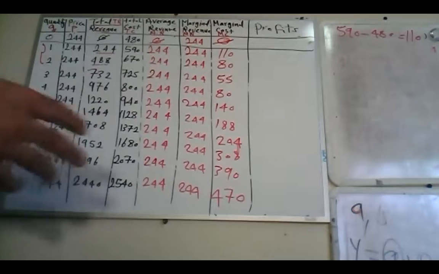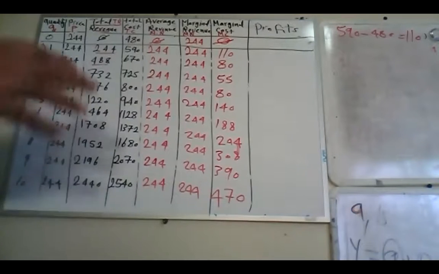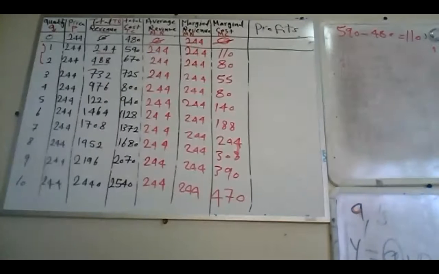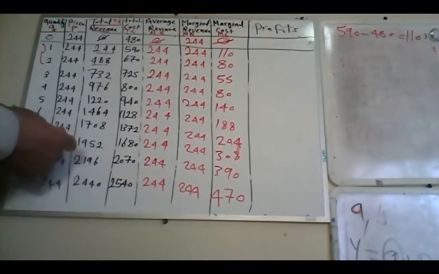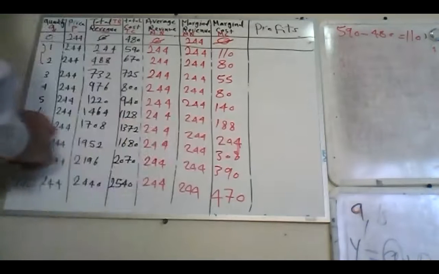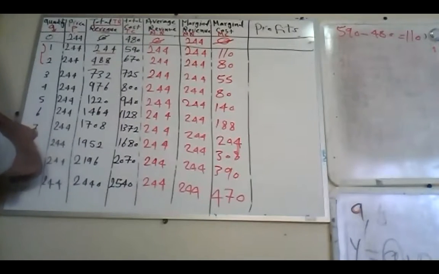I just want to ask you one question. Where are the three similar numbers which are also equal to the price, to the selling price? It's here. In front of how many units? Of the production of 7 units.